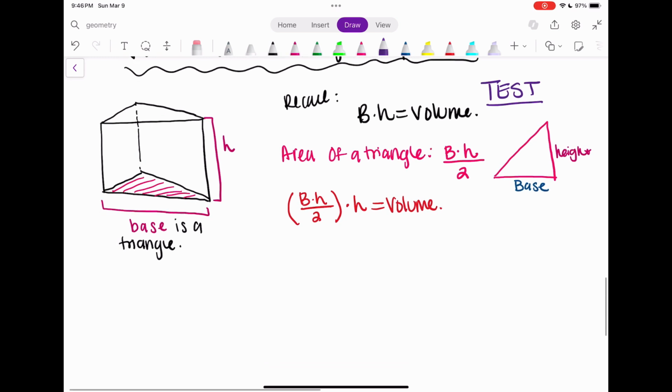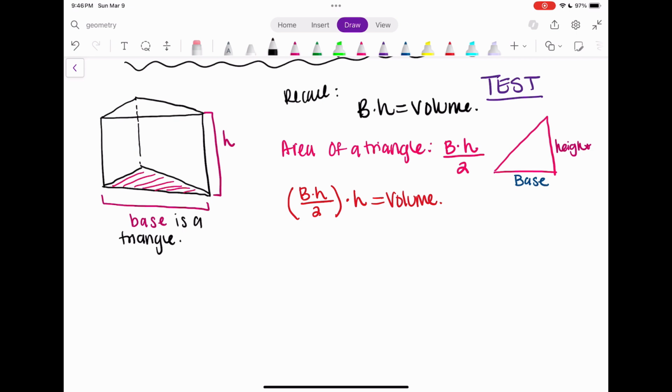I want us to go ahead and write down, like we always do, the volume of a rectangular prism. So go ahead and title it out, volume of a rectangular prism, okay?